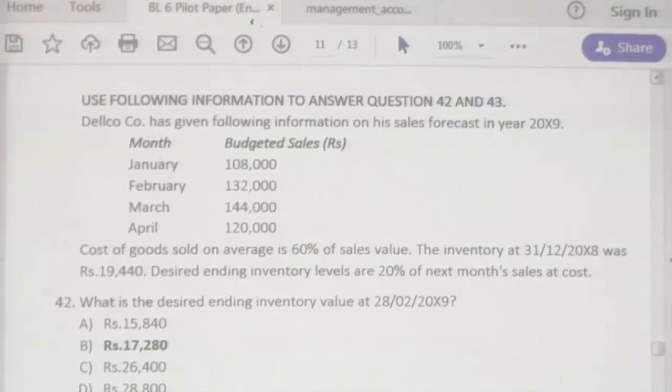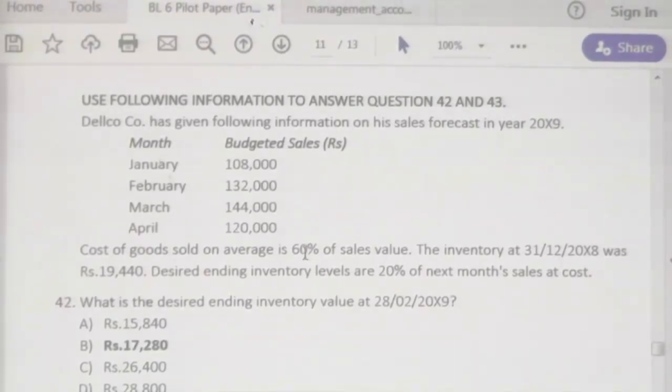The inventory at the beginning of January 2019, that is December end 2018, is given as 19,440. That should be the opening inventory of January.